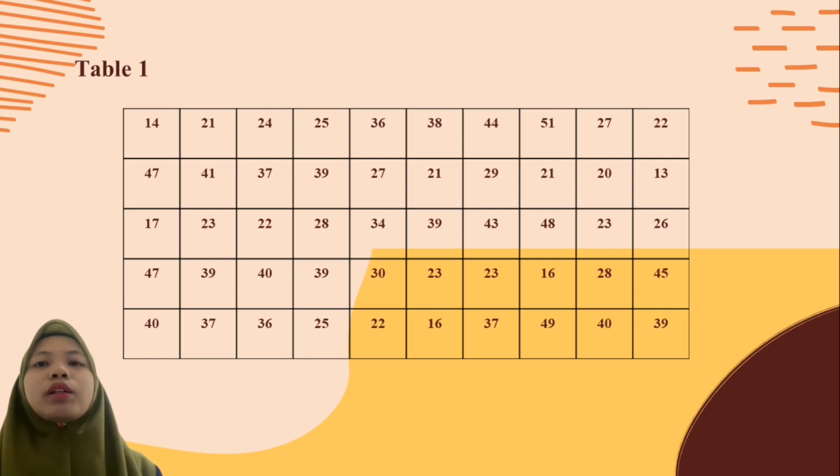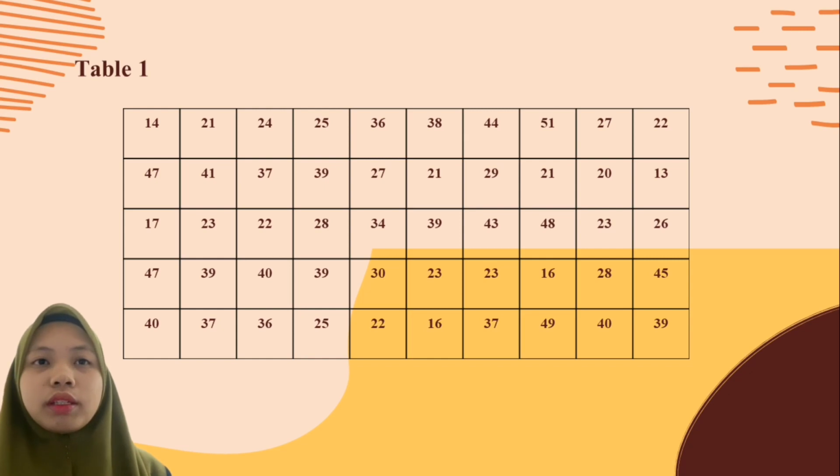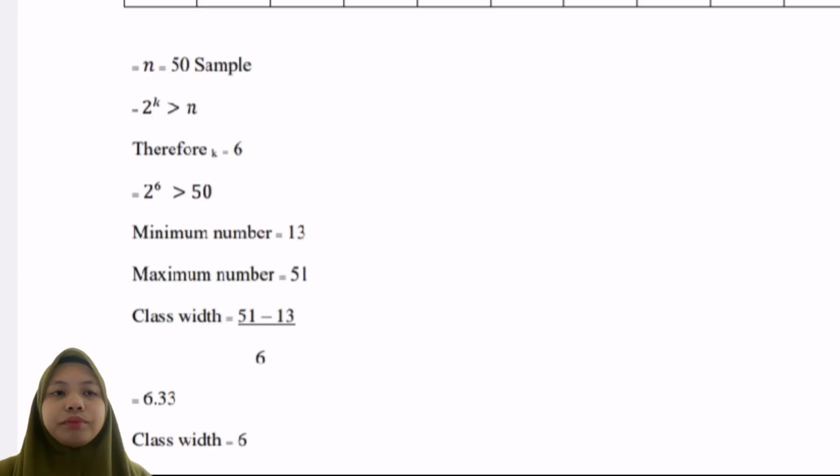And this is the 50 data, and then we use the formula that has been given to find cross class and others for the data, and you can see the formula. So after rounding, we find that 6 is the class width for our table.